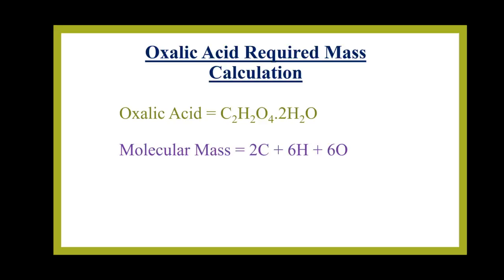By this type of calculation, you can get the molecular mass of oxalic acid, which is 126 gram per mole, right? So first, you know the chemical formula of that salt. Then from that chemical formula, you have to find out the molecular mass.